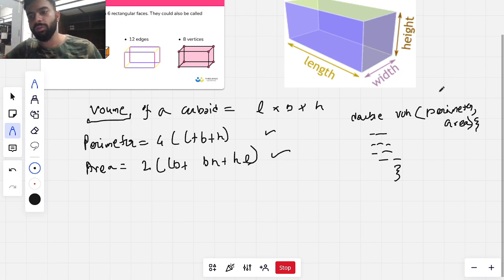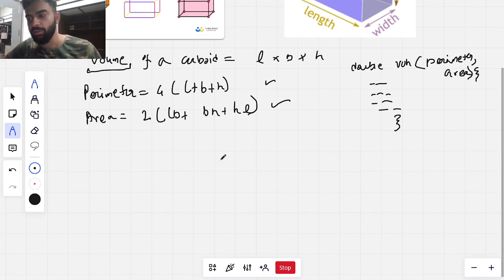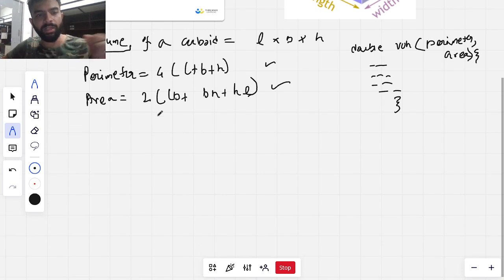Now that we have to use only perimeter and area, the two variables, to solve this problem and return the volume, we have to derive some sub formulas. This is P, this is A. First I'm going to assume that my length is equal to my breadth.